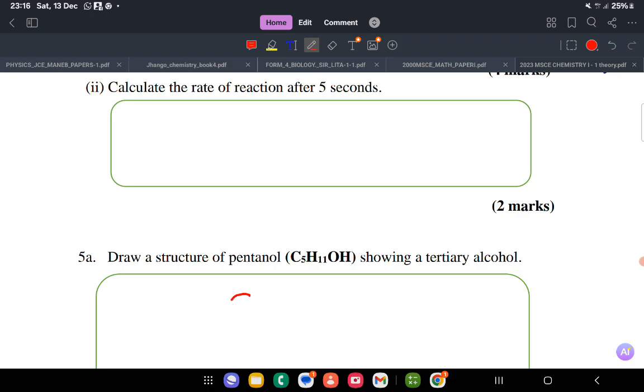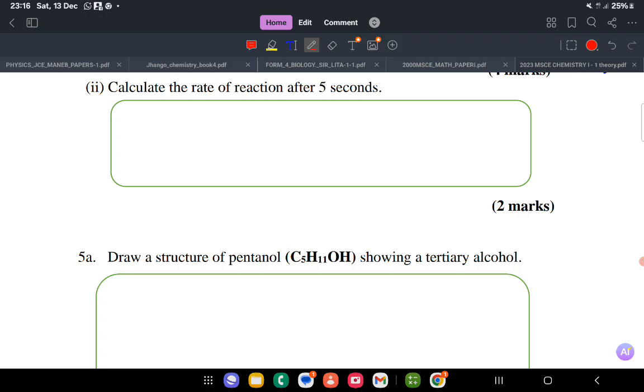So first of all, remember, alcohols can be primary, secondary, and tertiary. So in this case, it means our alcohol must have two branches.